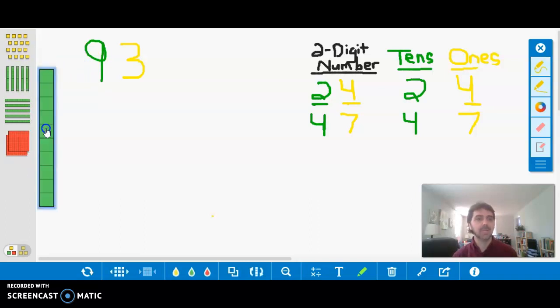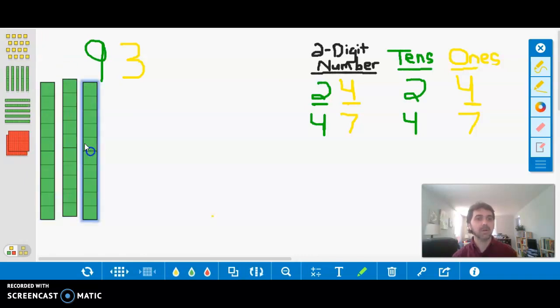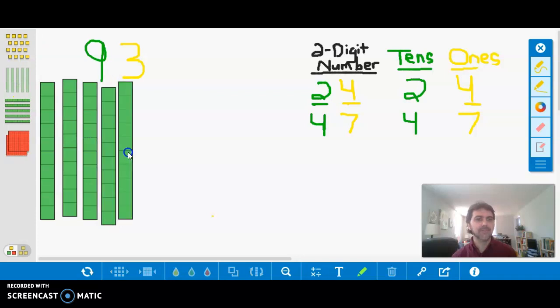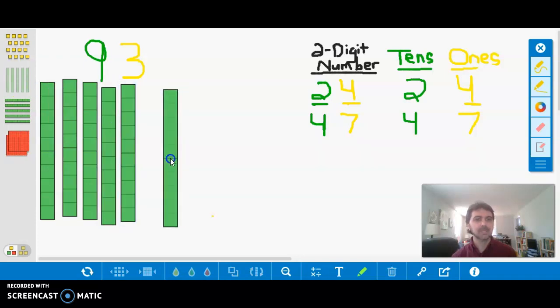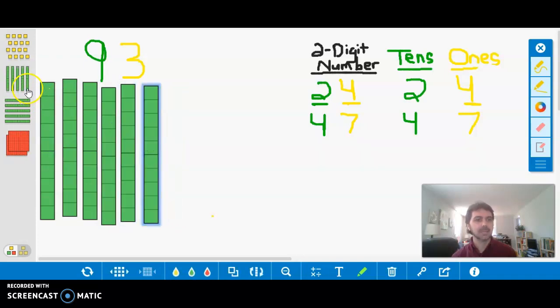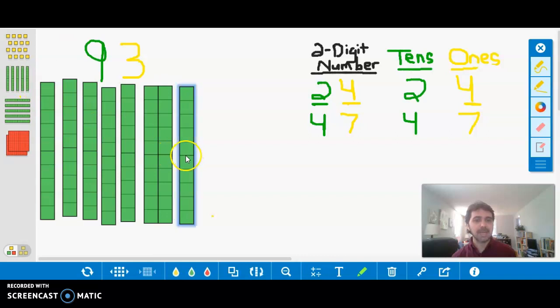We could do 10, 20, you can count with me, 30, 40. Did you know that math could be so much fun? It's amazing. 50, 60. Are we there yet? Nope. 70. Nope, not there yet. 80.